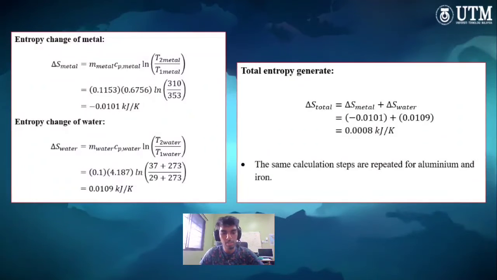Then we should also calculate the total entropy generated, which is equals to the sum of entropy change of water and the entropy change of metal. For copper, the total entropy generated is equals to 0.0008 kilojoule per Kelvin. And then the same calculation steps are repeated for aluminium and iron and should be recorded in table 1.